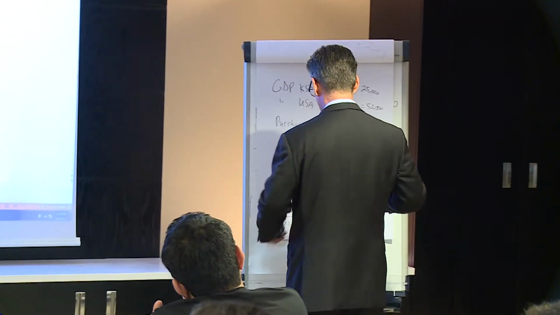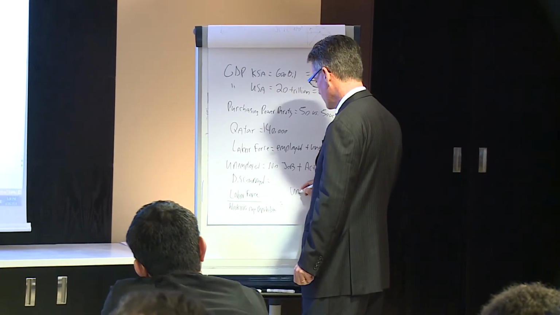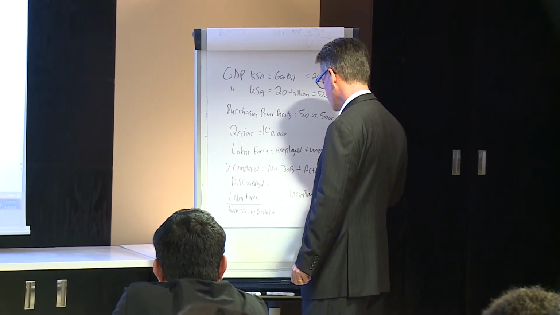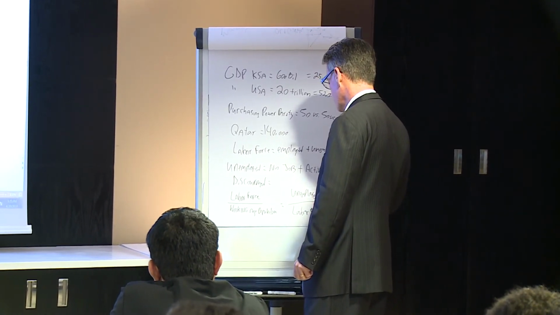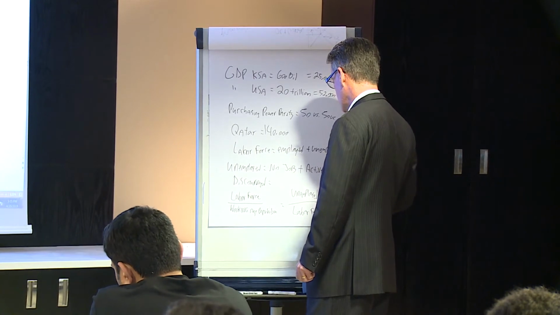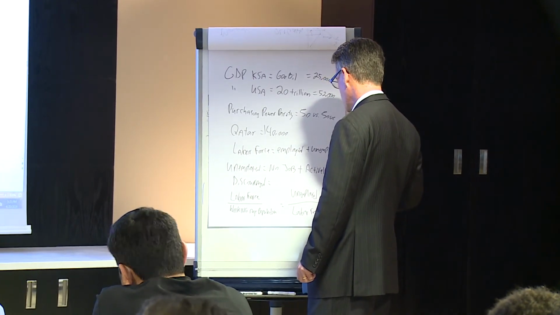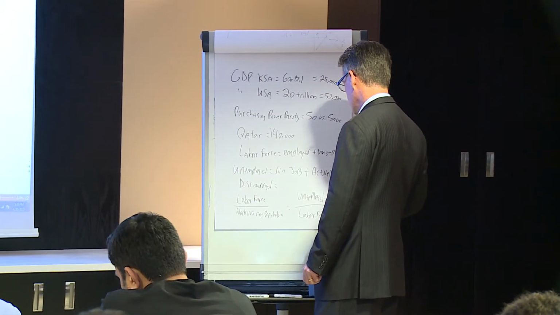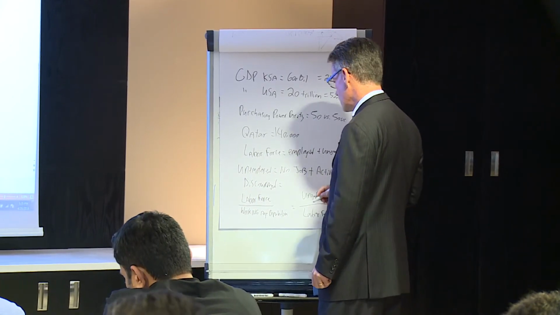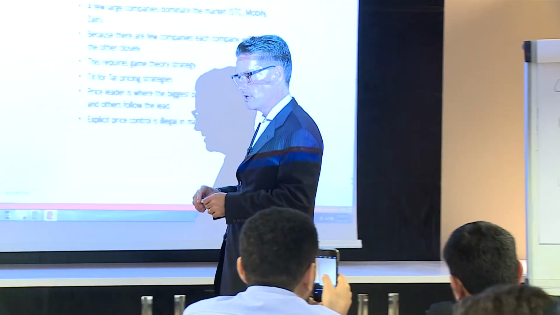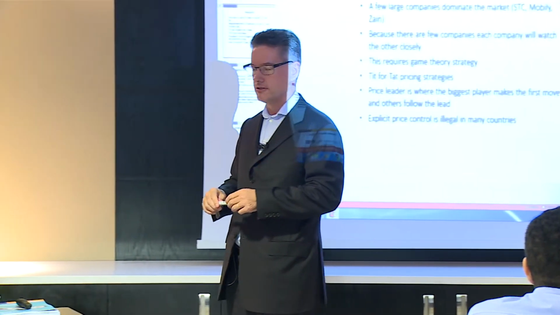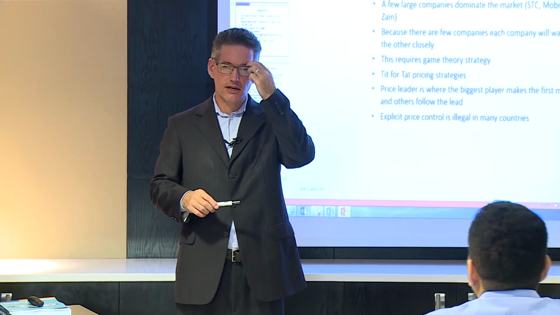Unemployment rate is going to be the unemployed divided by the labor force. This is the unemployment rate. I'll have you guys do some calculations on this. Now, bringing this back to Saudi Arabia also, do you guys know what is the youth unemployment rate?